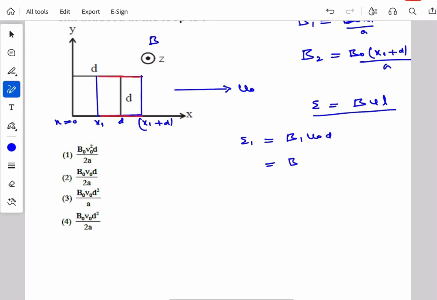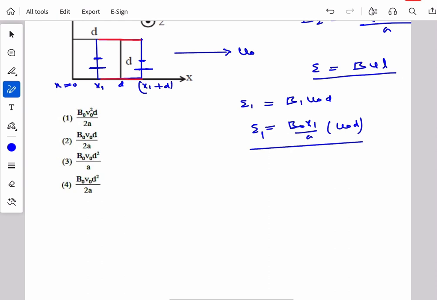B1 is B naught into x1 upon a, multiplied by v naught into d. Since the magnetic force on the positive charges of these two vertical wires is downward, their lower end would be positive and upper end would be negative.